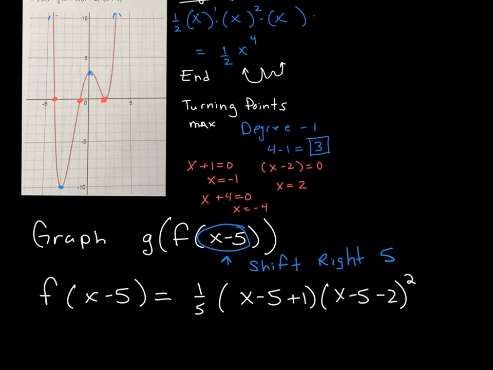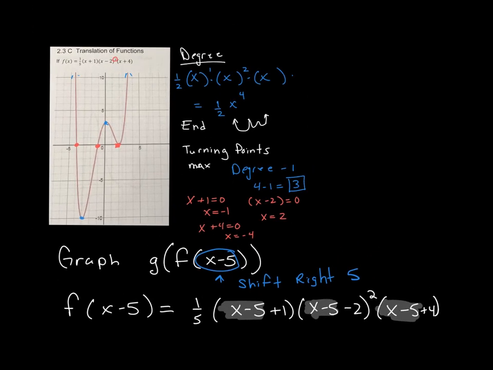And then finally, x minus 5 plus 4. And again, all I did from my original piece is wherever I had x, I put in x minus 5. And let me get a bigger view of this graph so you can see what I'm talking about. So wherever I had x in my original function up here, I replaced x with x minus 5.